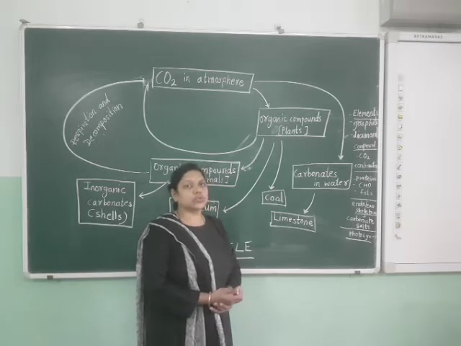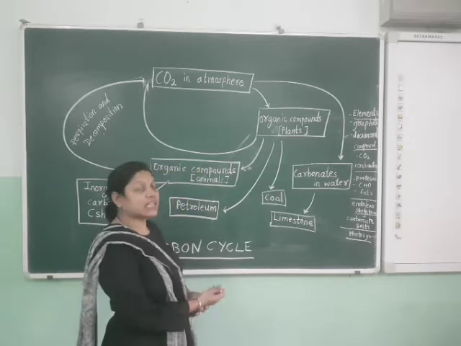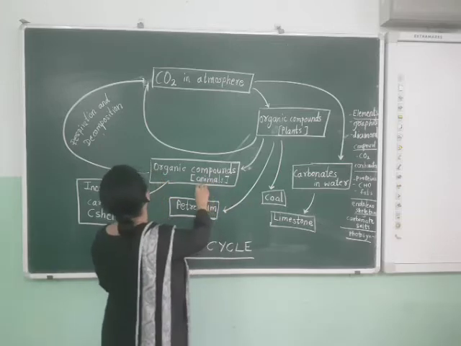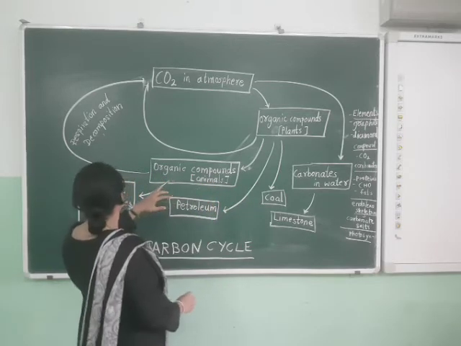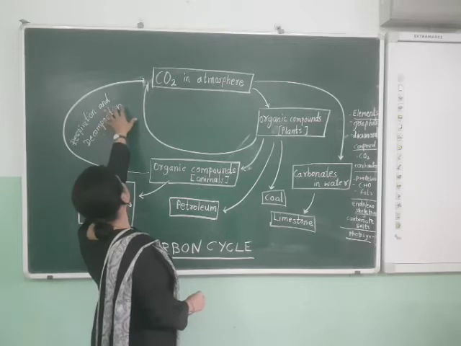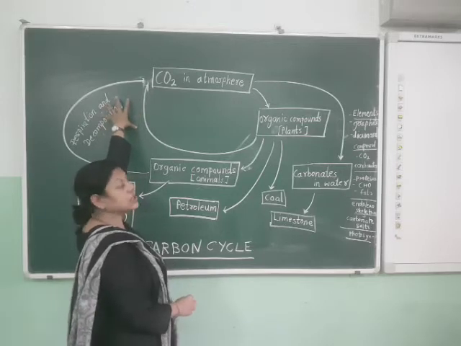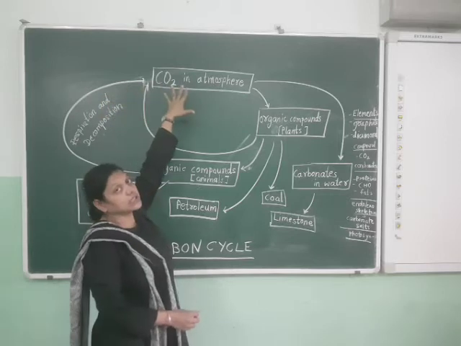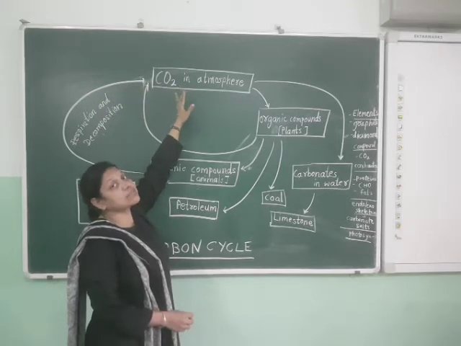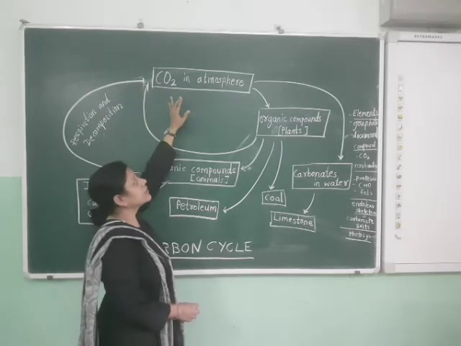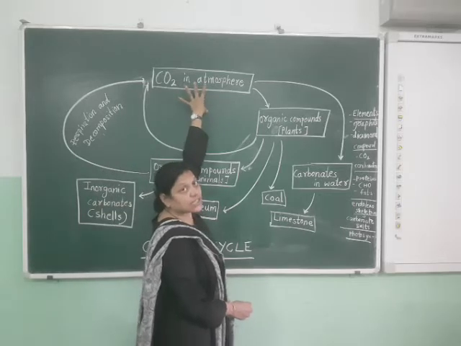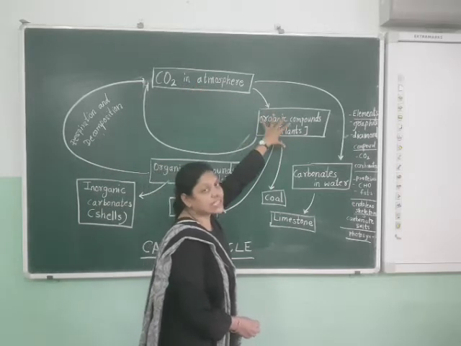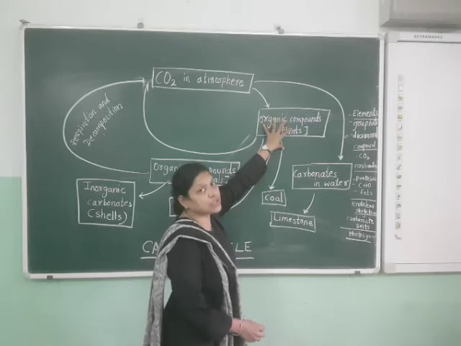Now, this glucose, or the food synthesized by the plants, is used by animals, and through processes like respiration and decomposition, this compound is again turned into carbon dioxide and released back into the atmosphere. So the carbon dioxide in the atmosphere is utilized by plants in photosynthesis.